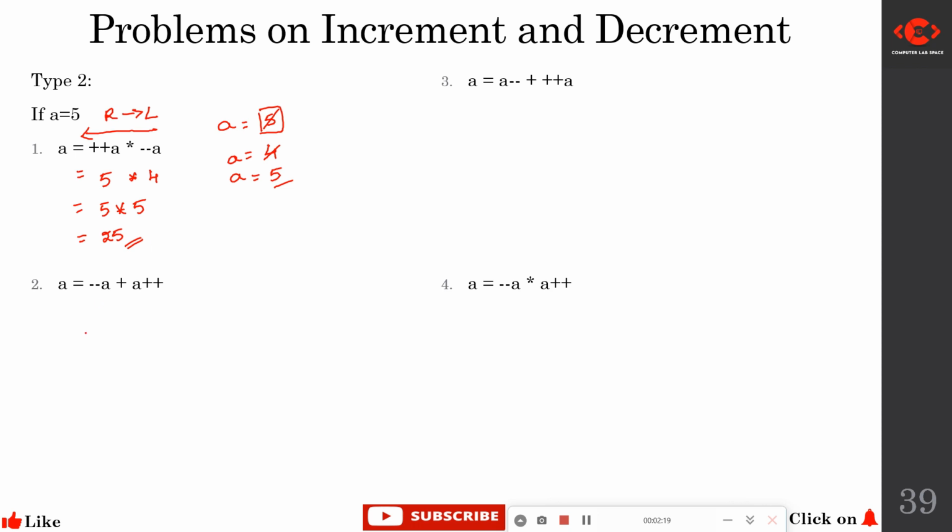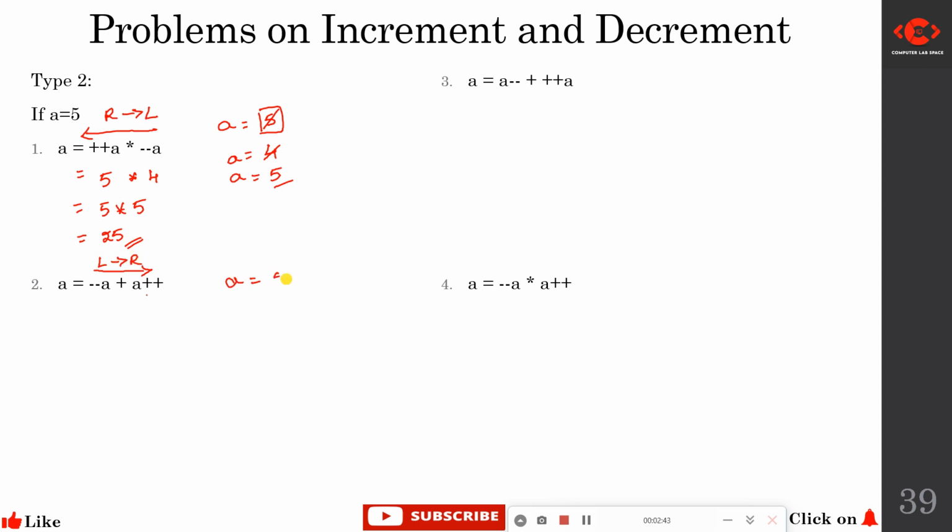In a similar way, we're going to solve the next problem. A is equal to minus minus A plus A plus plus. Since it is post increment and pre-decrement, the first priority is given to post increment. Based on that, the associativity we are going to decide, that is from left to right.